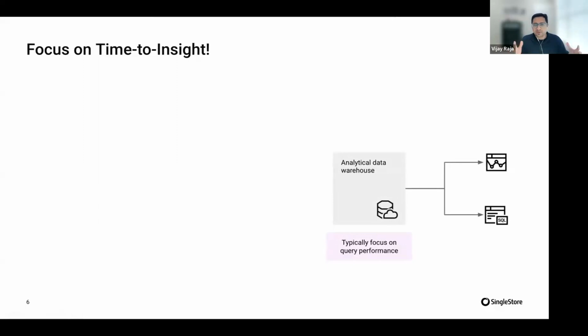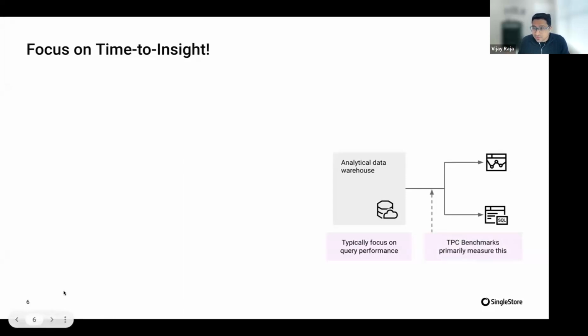I have a complex set of analytical queries, and how fast can it execute them, right? That's the primary focus. That's what even the TPC-H benchmarks focus on: how fast the query executes once the data is already in the data warehouse or analytical database. But the thing is, that's only a small part of the story.